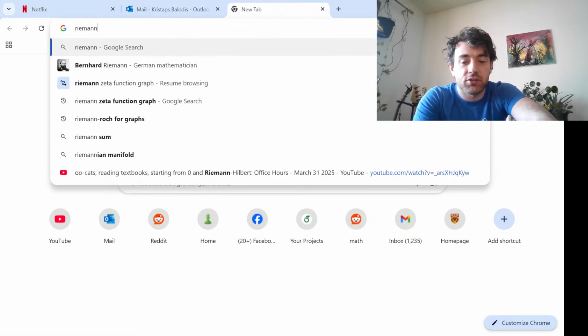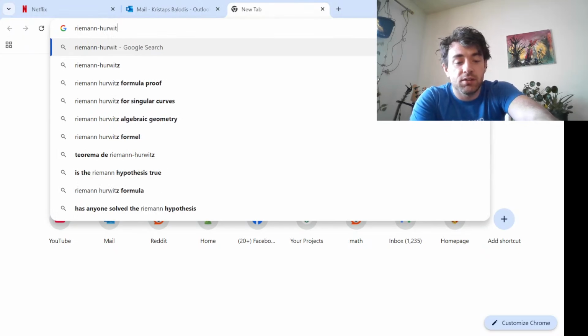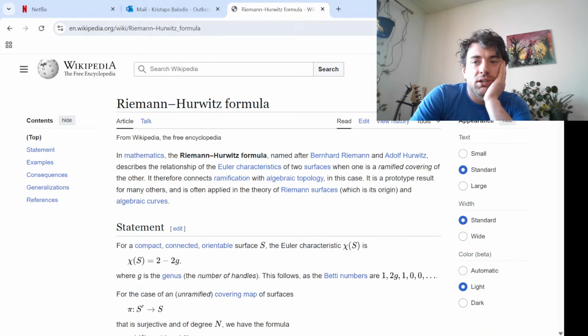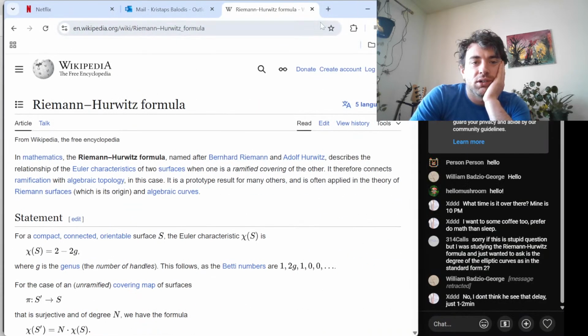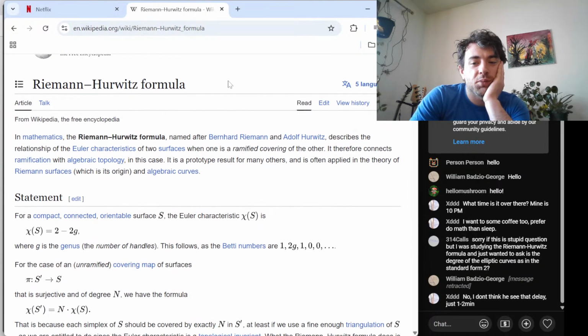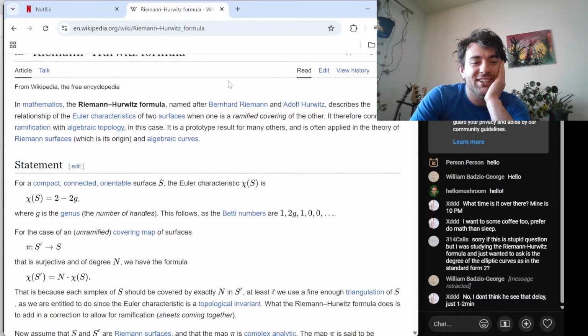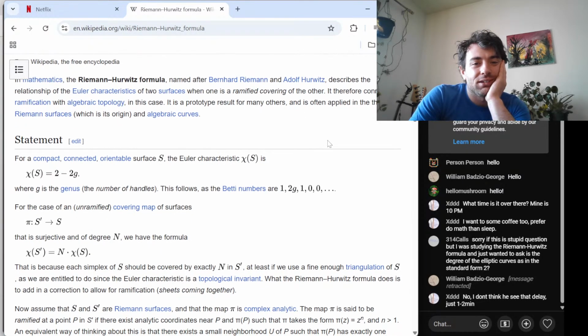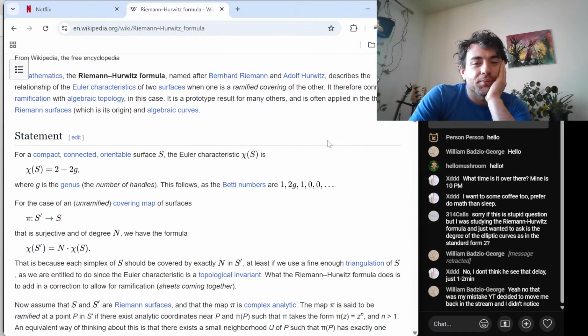Riemann-Hurwitz formula. So let me see here. I should probably stop accidentally revealing my emails, but I wanted that to be open to remind myself to do my taxes, to email the people who did my taxes last year. Which is fun.